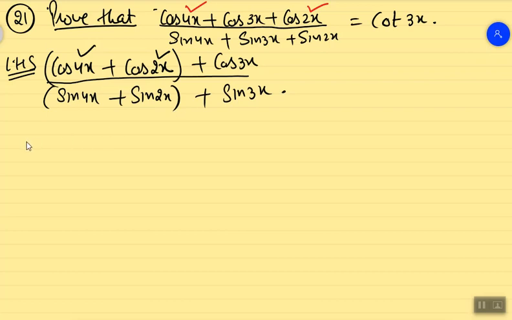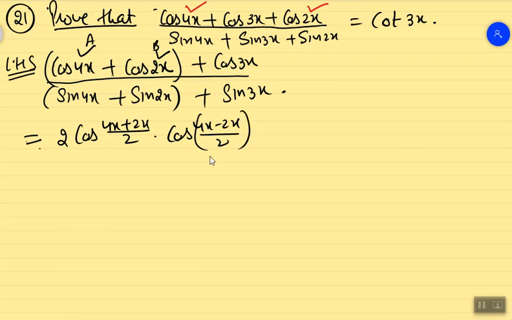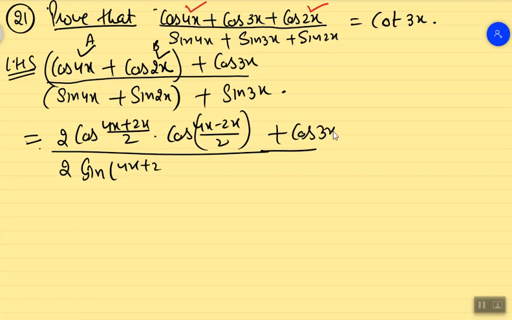We know that in the numerator, this is A, this is B. Cos A plus cos B is 2 cos (4x plus 2x)/2 cos (4x minus 2x)/2, divided by 2 sin 4x... and in the denominator cos 3x remains the same, just leave it.